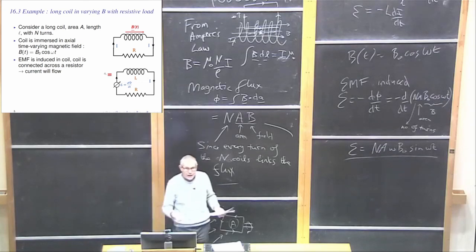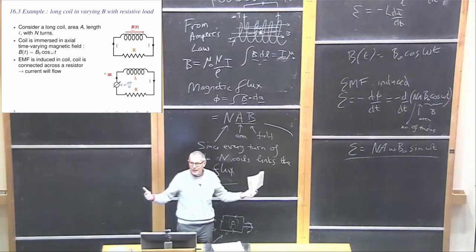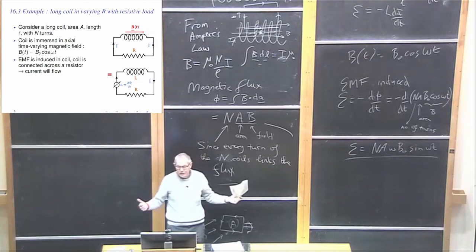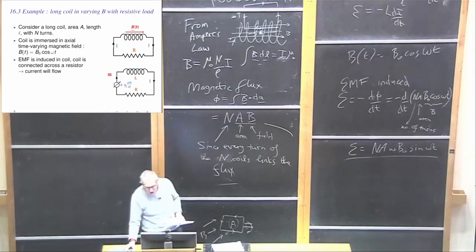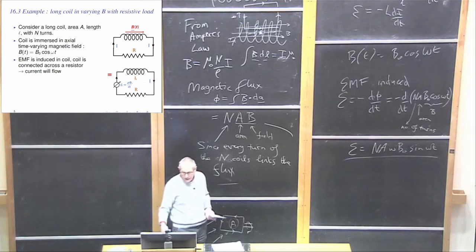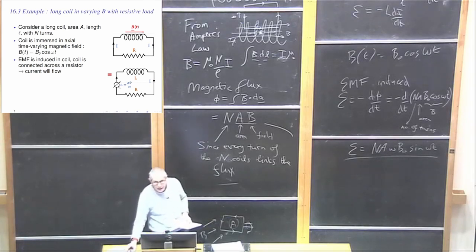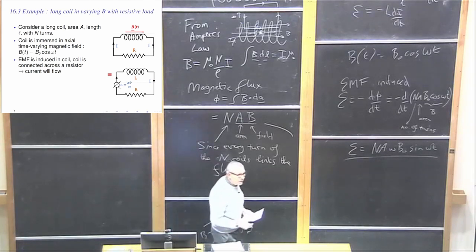It's generated effectively along the length of the coil. But we can actually take it outside the coil, have this as a sort of resistive element, an element of impedance, and we can take the EMF outside as though it was being generated like a voltage source.